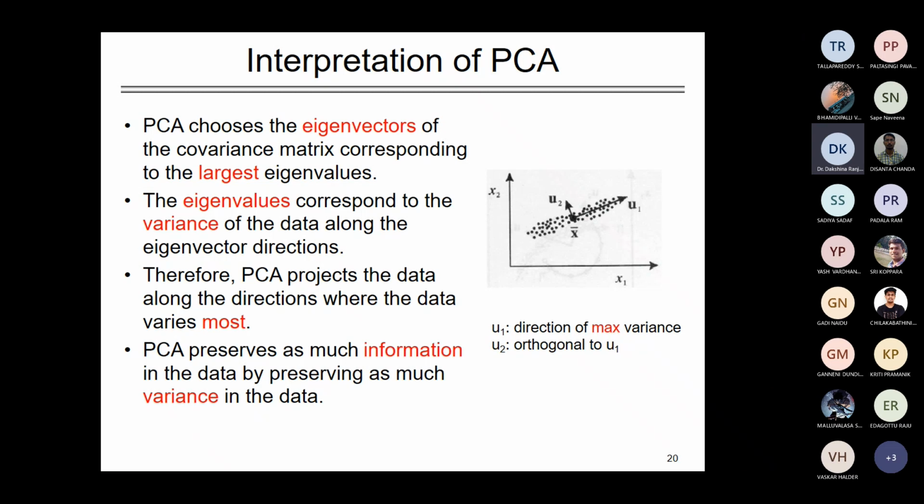Variance means we get the maximum variance along the direction of a certain principal component, so we will look into it, and we will take that principal component for further computations.